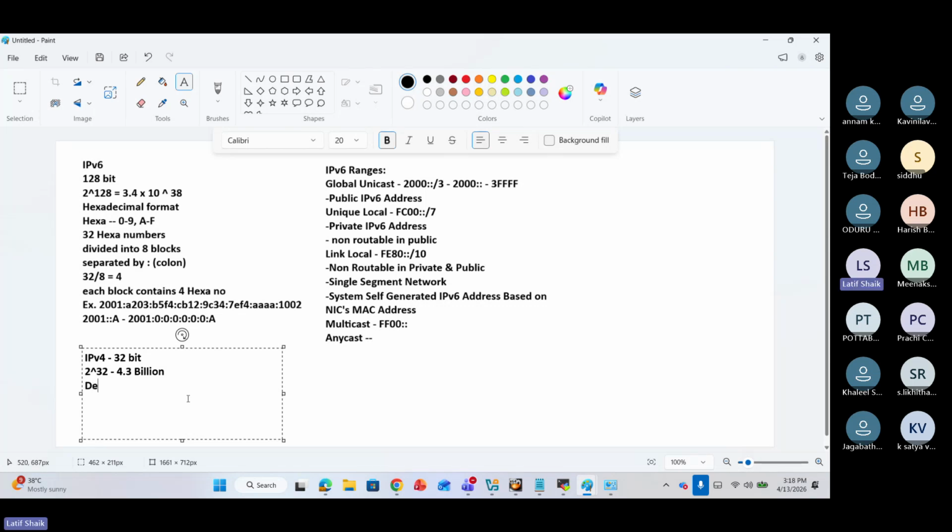IPv4 is represented in decimal format, and IPv6 is represented in hexadecimal format.